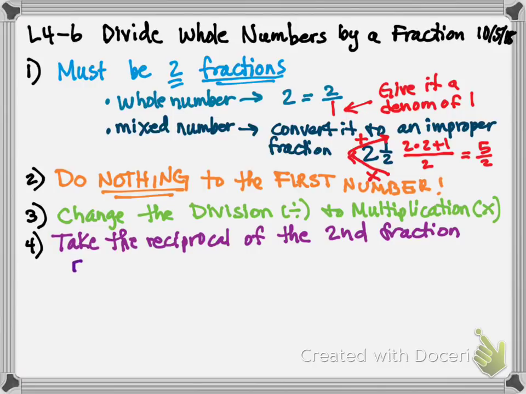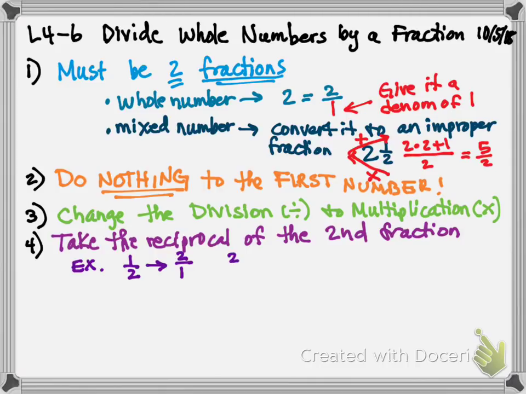If I have 1/2, the reciprocal flips the denominator into the numerator and the numerator into the denominator. So the reciprocal for 1/2 is 2 over 1. Notice that I can't do equals between them because no one would agree that 1/2 is the same as 2 over 1. So that's why I'm using that arrow.